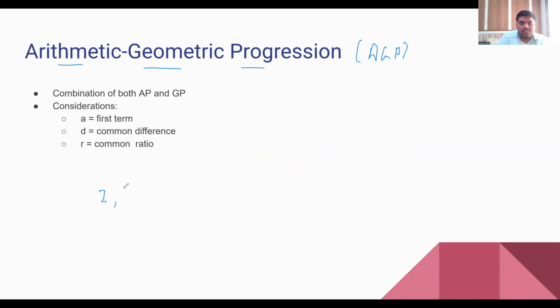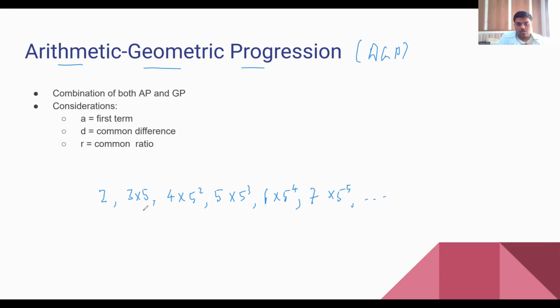The next term is 3 into, let us say, 5. Then the next term is 4 into 5 square, 5 into 5 cube, 6 into 5 to the power 4, 7 into 5 to the power 5, and so on.